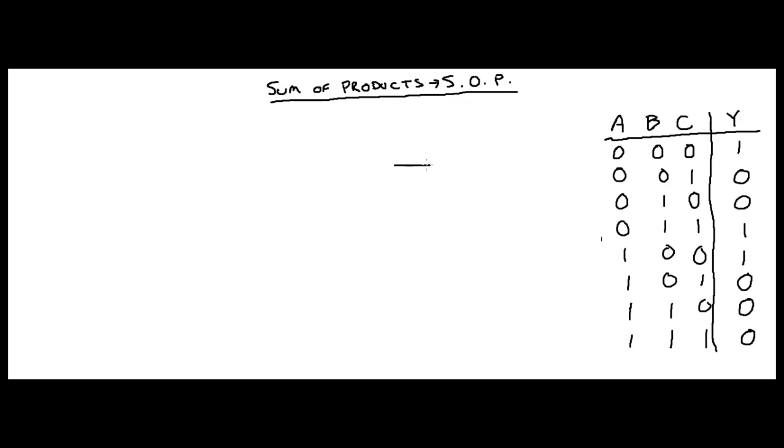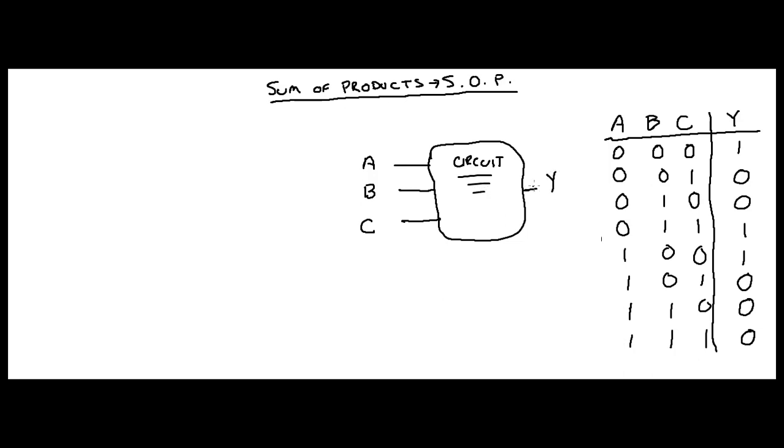We have an A, we have a B coming in, and we have a C, right? It comes in to some circuit. We don't know what the circuit is, right? I'm just going to put circuit. And then your output here is Y, okay?